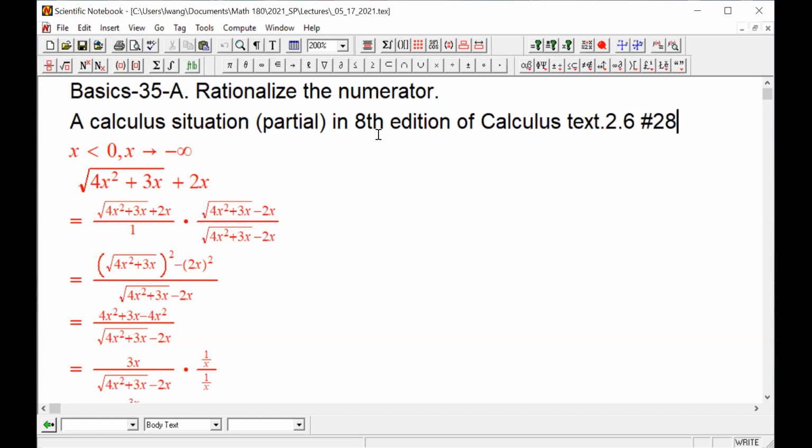And I believe there are examples in that section in the calculus textbook. They explain it in a way similar to what we did, but fundamentally it uses that basic relationship about absolute value, the square root of x squared, and so on.